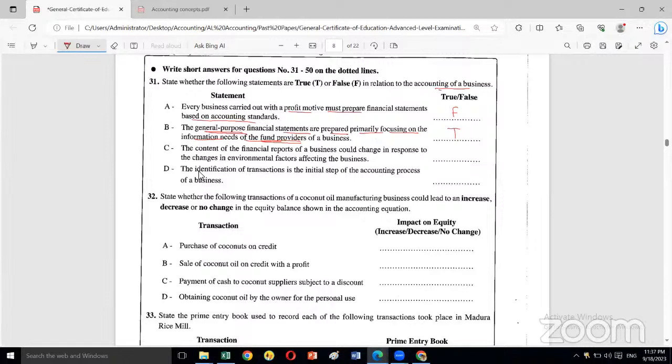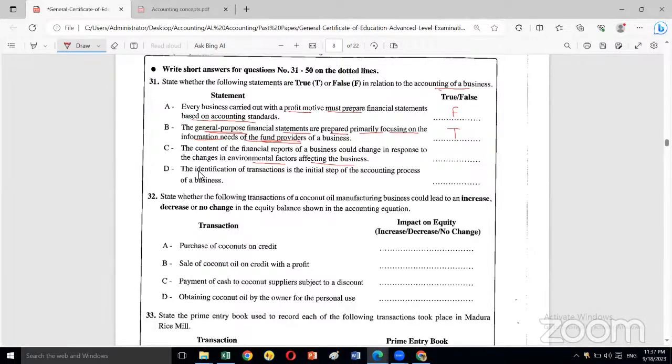C. The content of the financial reports of the business could be changed in response to the changes in the environmental factors affecting the business. Yes, Putha, we studied in chapter number 1 there are some environments. Changes in the environment sometimes affect our financial reports also.